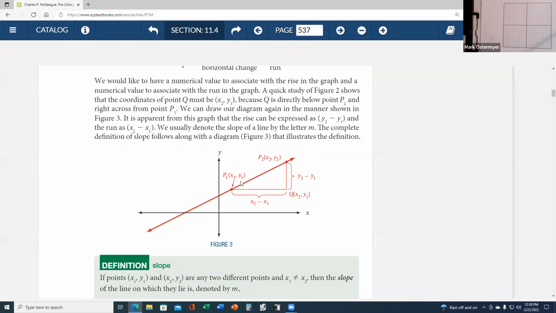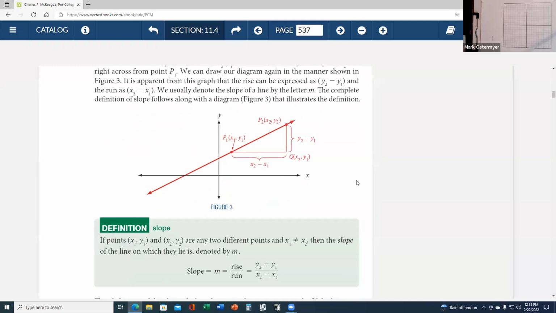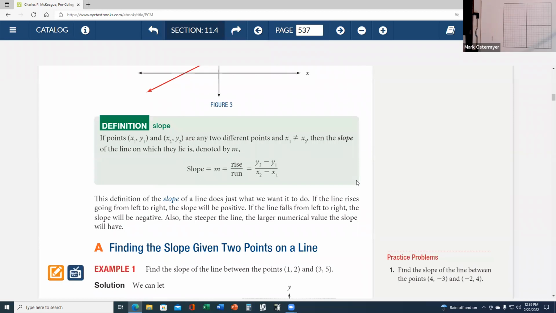So the slope of this red line is going to be equal to the ratio of the change in y over the change in x, or the amount of rise over the amount of run. And so, ladies and gentlemen, we develop what's called the slope formula right here. This is an important formula to commit to memory. The slope of a line, normally represented by m in all the textbooks I've ever seen, is equal to the rise over the run.